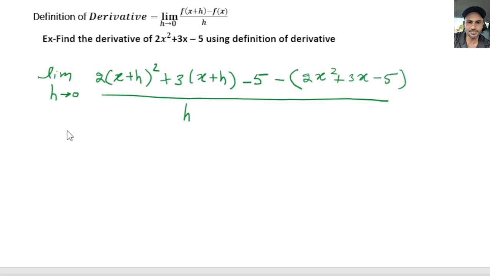So I'm going to write the limit as h goes to 0. Now we go ahead and simplify this square, and so we got 2 times x squared plus, you get x times x is x squared, plus 2hx.